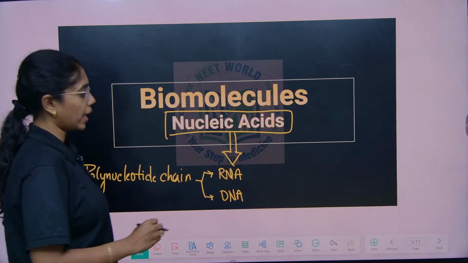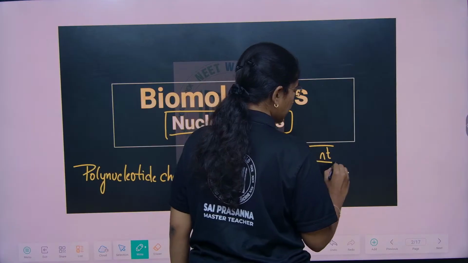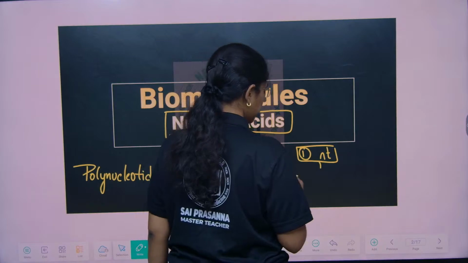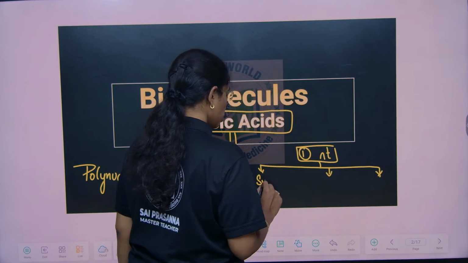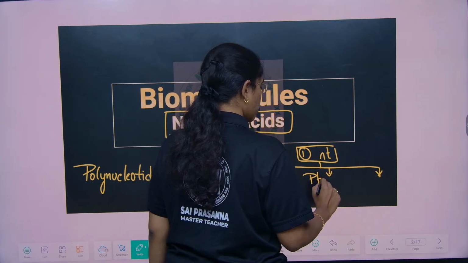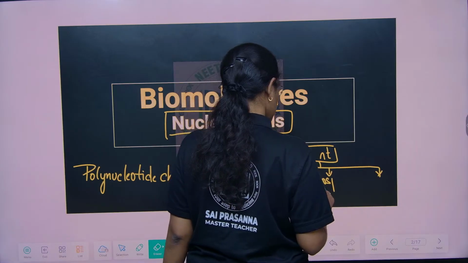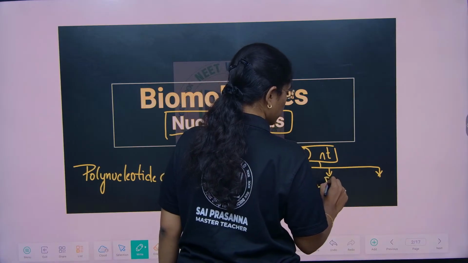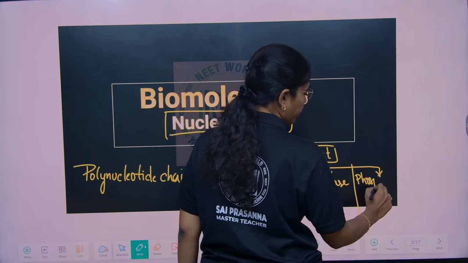If we take a single nucleotide, there are three components of a single nucleotide. What are those three components? One is sugar, second you can take nitrogen base, and third is phosphate group.